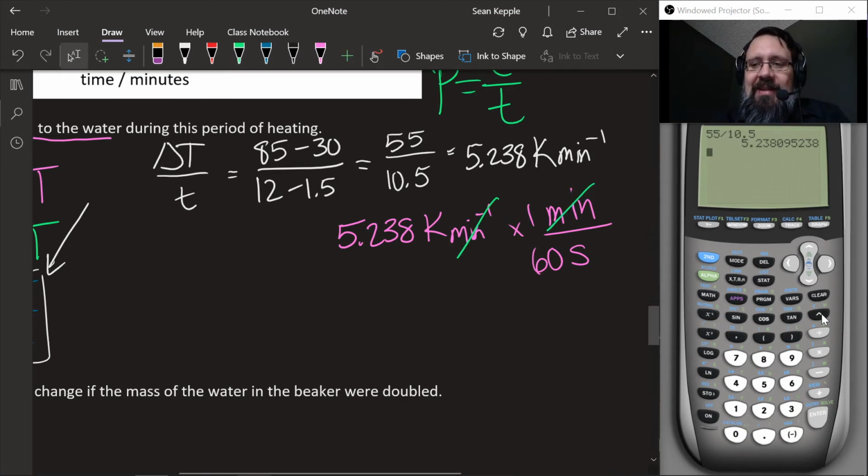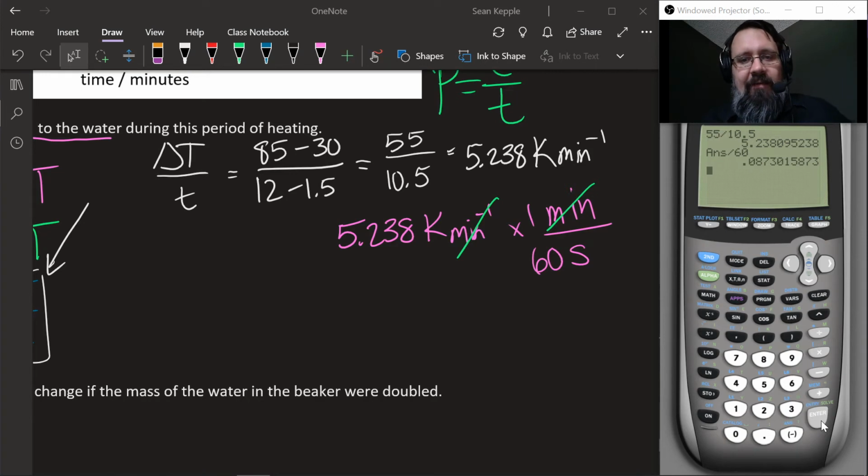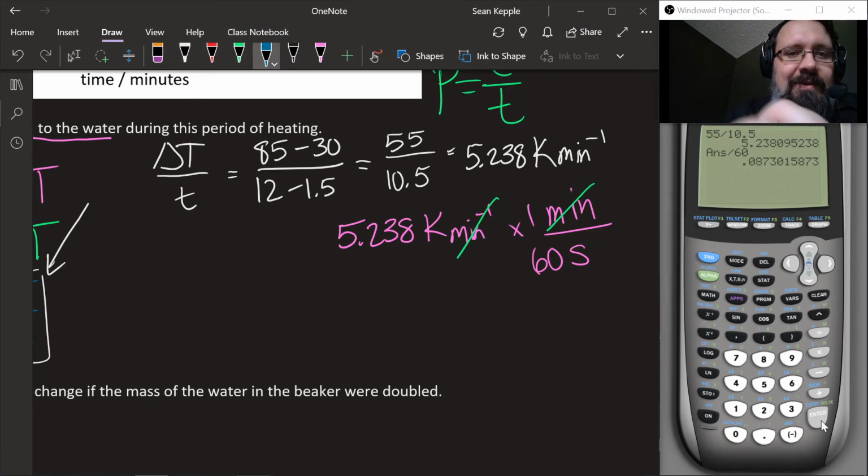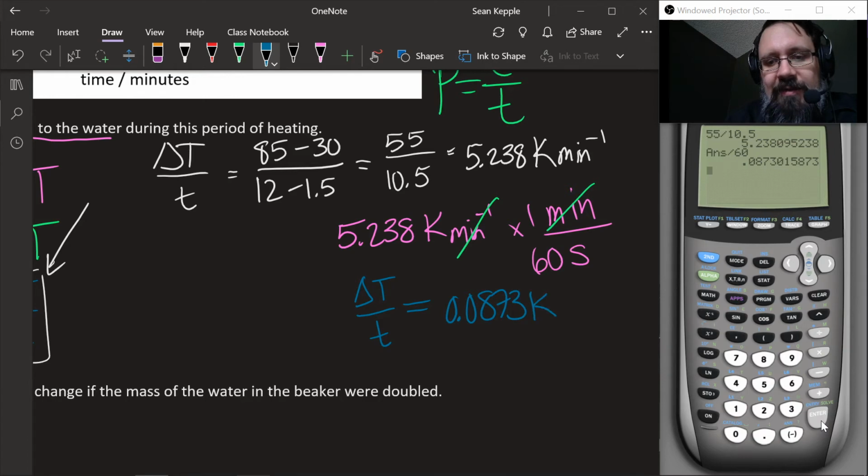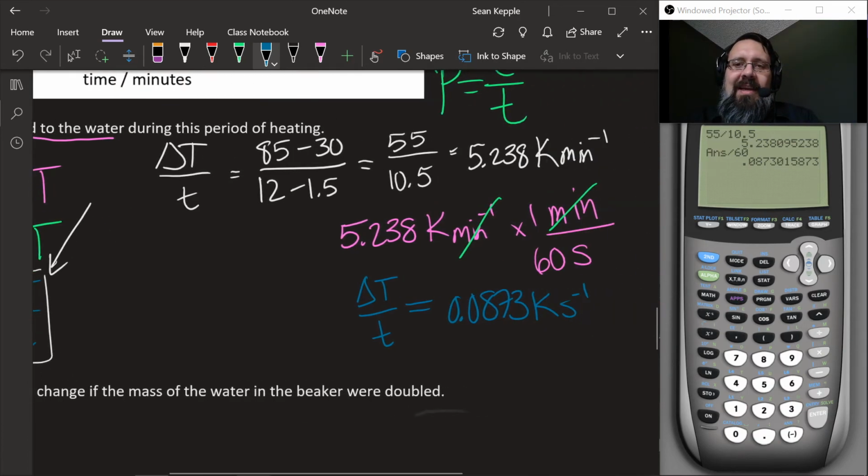So you just need to take this number and divide it by 60. And then this is my rate of change of temperature in kelvins per second. So that gives us a rate of change of temperature, delta T over T, of 0.0873 kelvins per second.